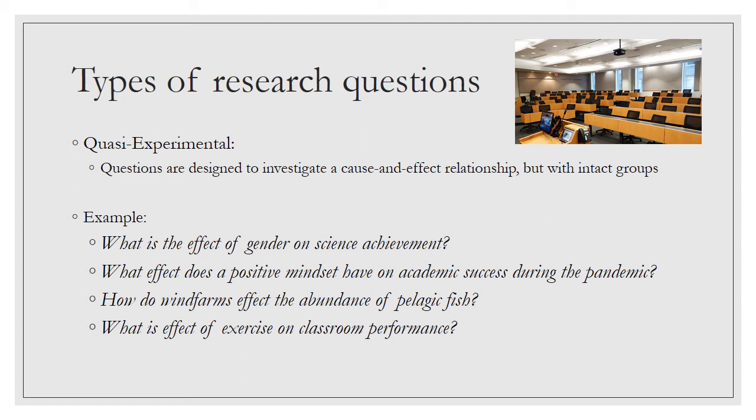So these are just some examples. They should look very similar to the experimental examples, but in some ways we don't get to control some of the groupings that are created for treatment and control groups, and then it's more of a quasi-experimental design. Again, we'll come back to these ideas again.